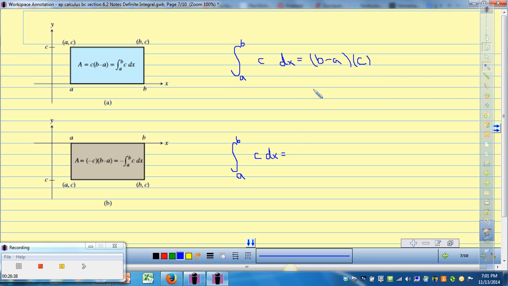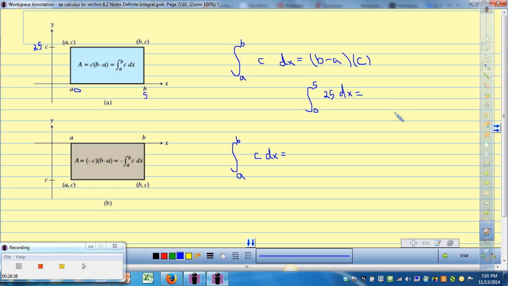So if we had something like the integral from 0 to 5 of 25 dx, that would be as if our c here was 25, our a was 0, and our b was 5.